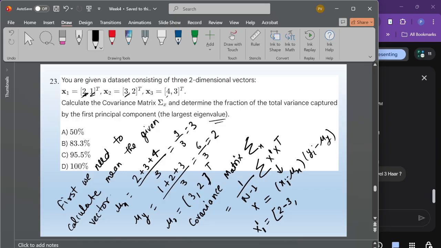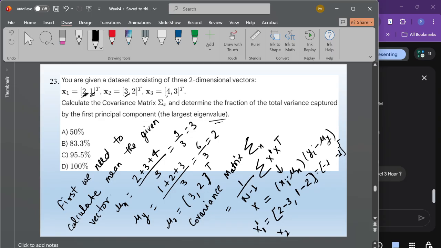And at the y position, 1 minus mu_y is how much? 2, right? So what we have got, x1 dash? We have got the values of minus 1 and minus 1 transpose here, because everything is represented here as transpose.